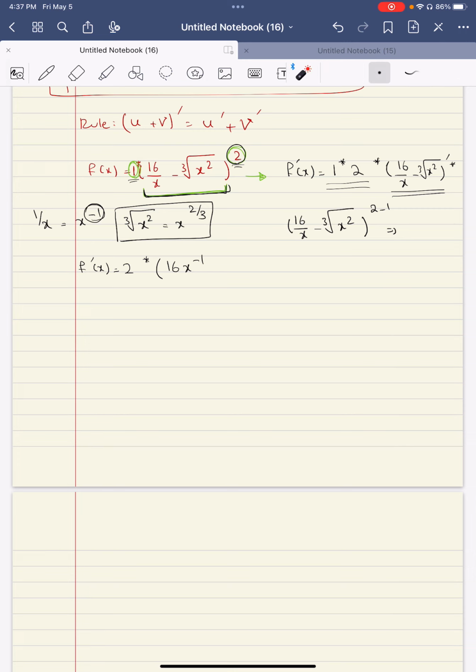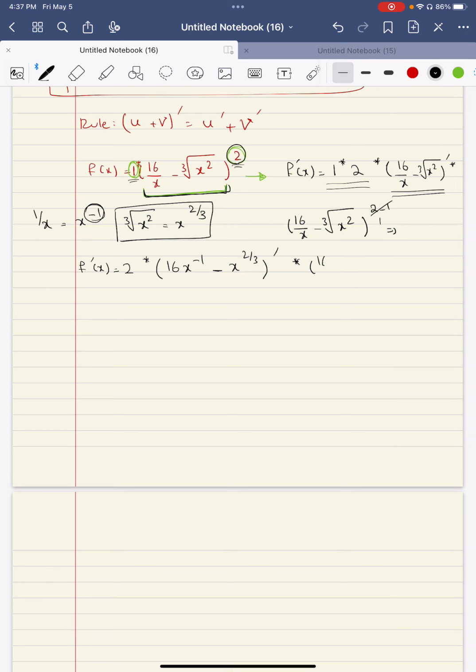So 16 over x is 16 times x to the power of -1 minus the cube root of x to the power of 2, which is written like that, prime, times (16 over x minus the cube root of x to the power of 2) to the power of 2 minus 1. 2 minus 1 is just 1.